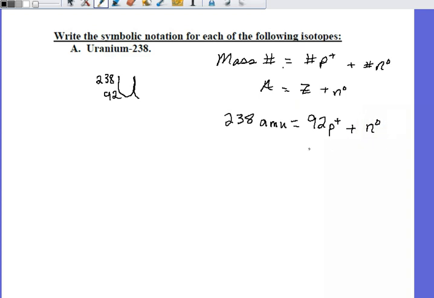So if we wanted to solve this kind of problem and determine how many neutrons are in a nucleus with these 92 protons for this particular isotope, uranium-238, we could just subtract 92 from both sides and solve for the number of neutrons. So if a question said how many neutrons are there in the nucleus, you could say 146. So there are 146 neutrons along with the 92 protons, and that's what makes this add up to 238 atomic mass units.